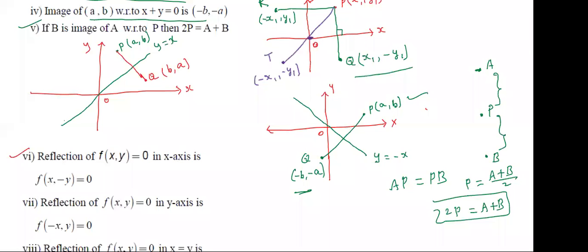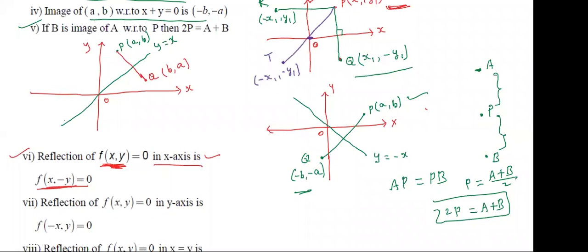Sixth point. See, the reflection of f of x comma y is equal to 0 in the x-axis is f of x comma minus y is equal to 0. This is the point P, x comma y. Reflection means image only. What are we getting? x1 comma minus y1. The image of x comma y with respect to the x-axis is x comma minus y, or not?